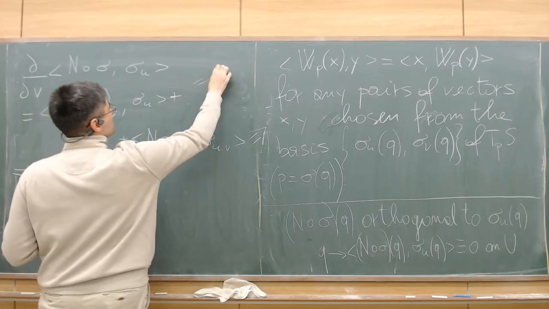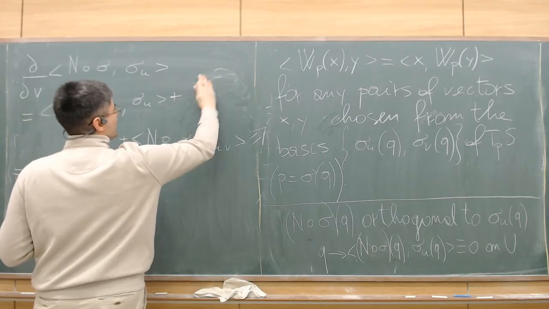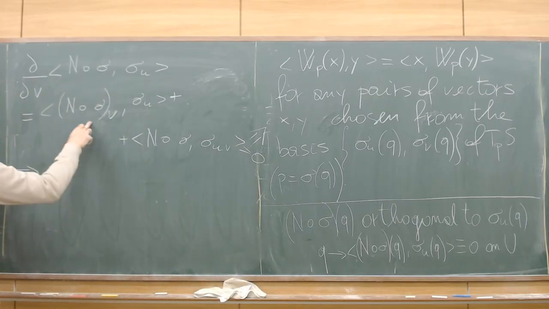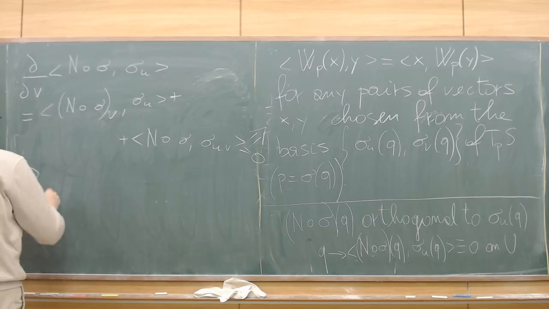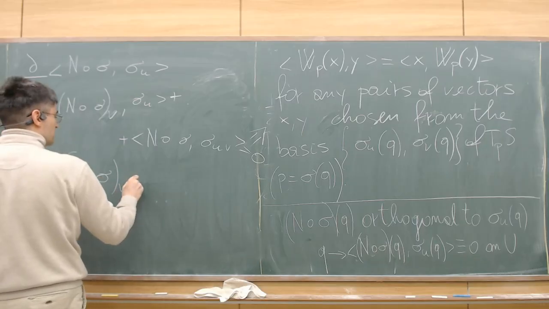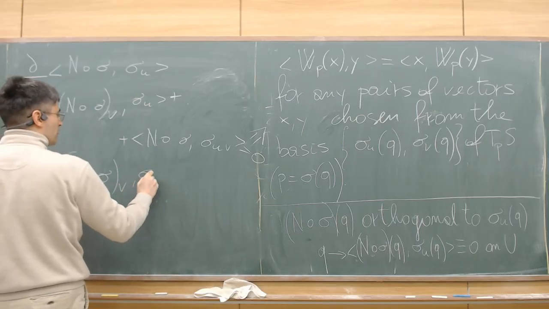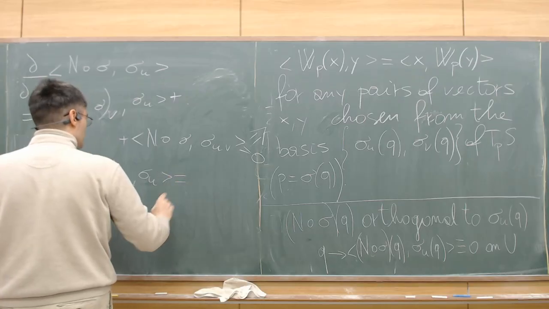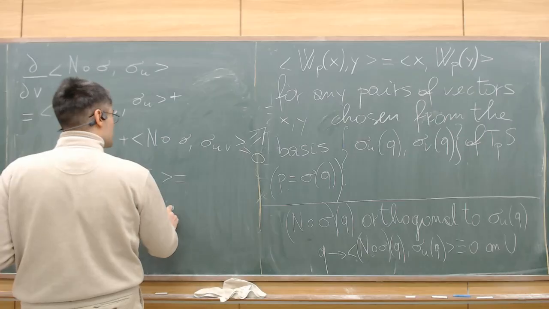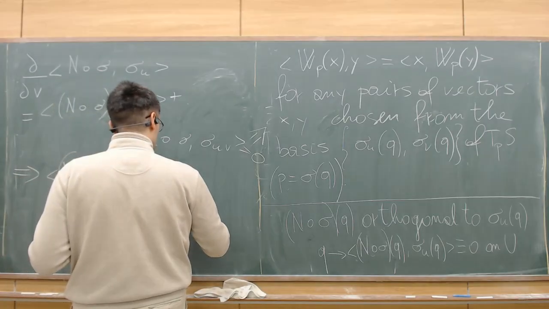This is 0, of course. This implies that this term is equal to negative N composed with sigma, sigma uv.